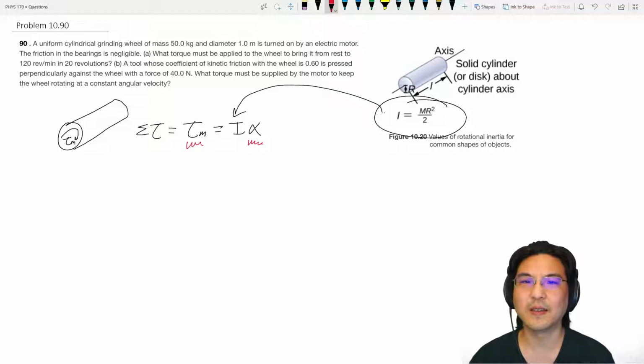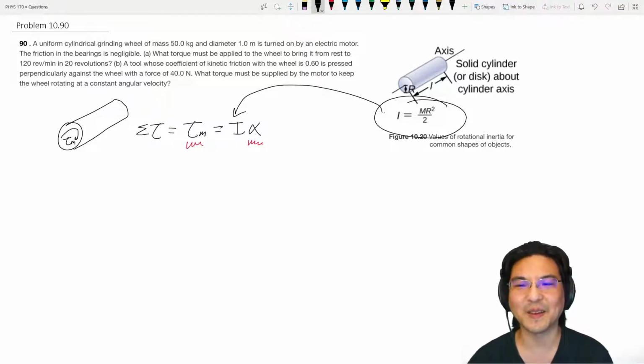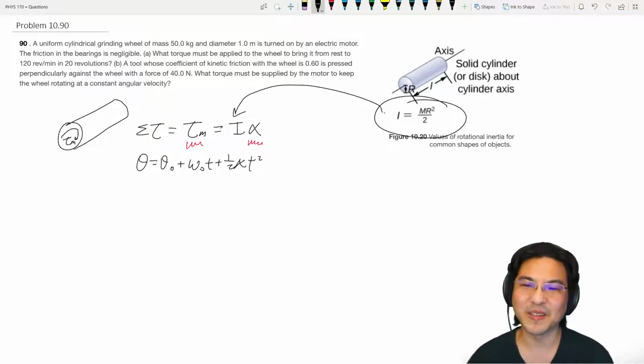Let's see. So we're given information such as the angular velocity and the number of revolutions. So that is kinematics, right? For all the formulas you know from kinematics, what would be most useful? For example, how about this one? Maybe.